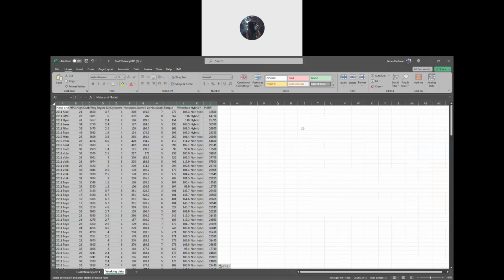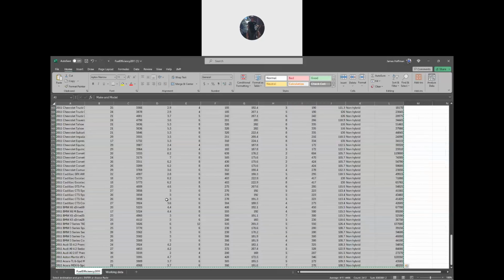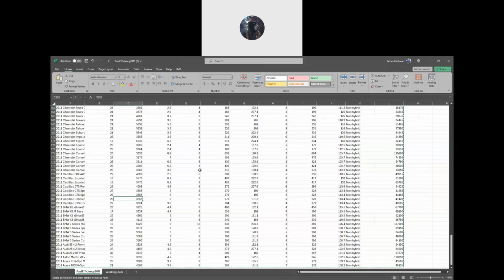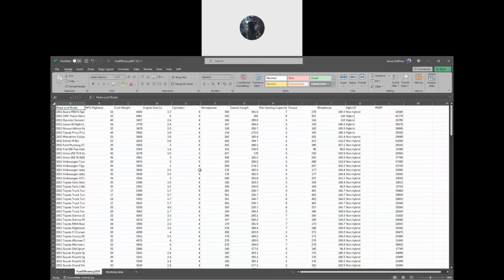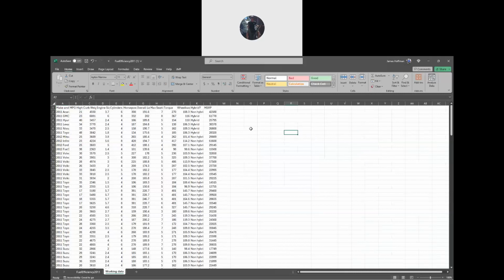So Control A selects all, Control C copies all, Control V pastes. Then let's leave the original data set alone and work with the working data, right? Control C and Control V is in Virginia.